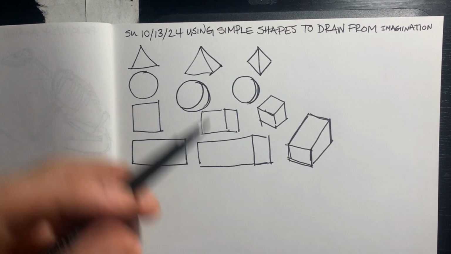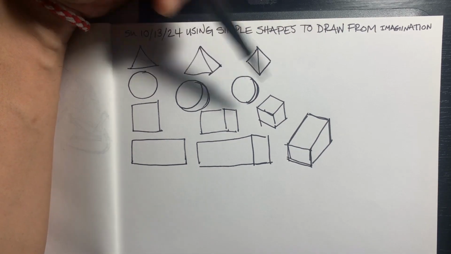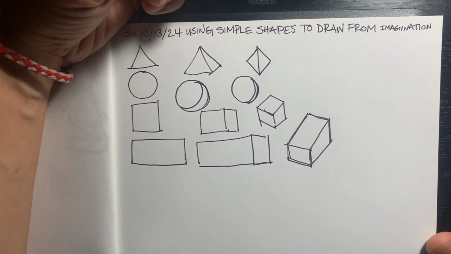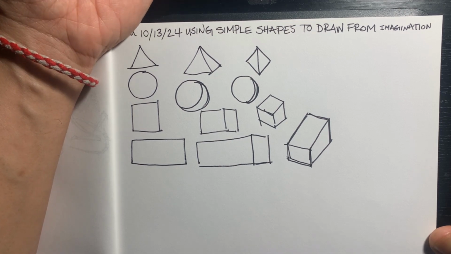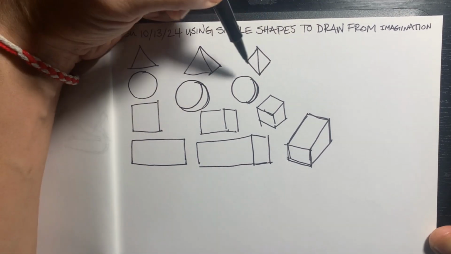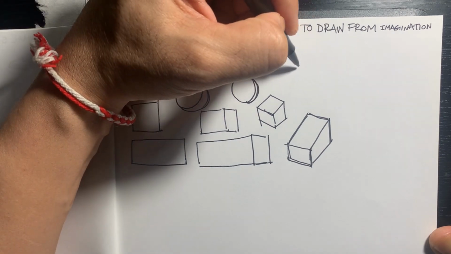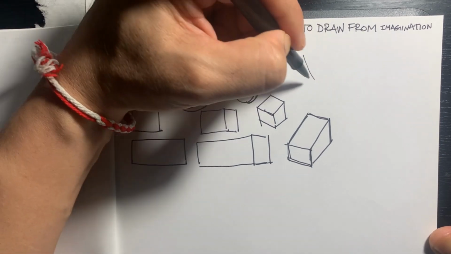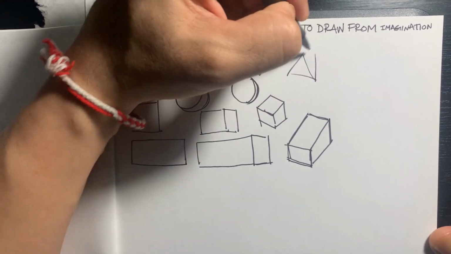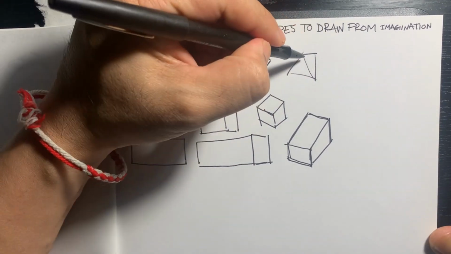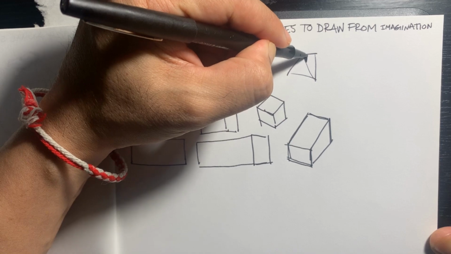And then once you kind of get the idea of it, you can start to think about light and shadow. So just move this around a little bit. It's a pyramid, so, and then let's just pick one side to shade.